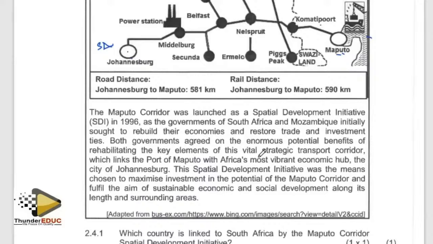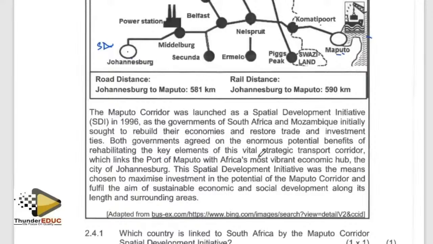The Maputo Corridor was launched as a Spatial Development Initiative, SDI, in 1996, as the governments of South Africa and Mozambique initially sought to rebuild their economies and restore trade and investment ties.